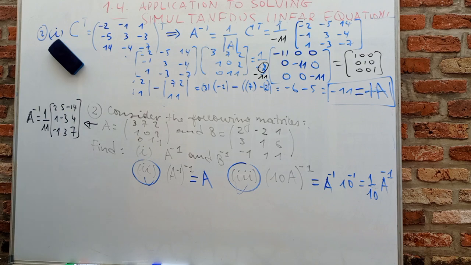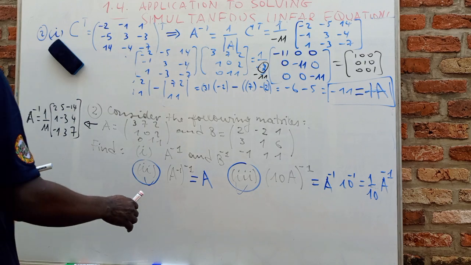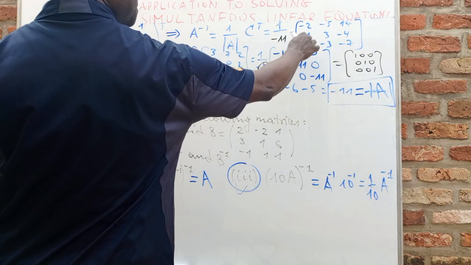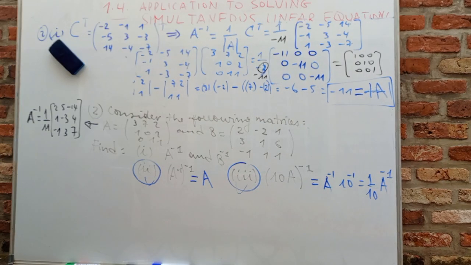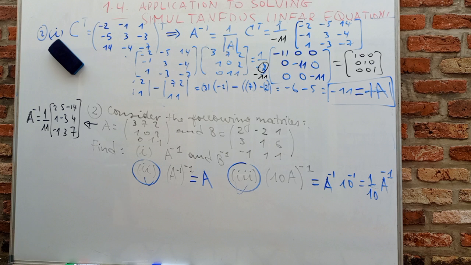So everything that was negative becomes positive upon multiplication of each coefficient by negative 1. Okay, I think that is pretty much good for the inverse of matrix A.